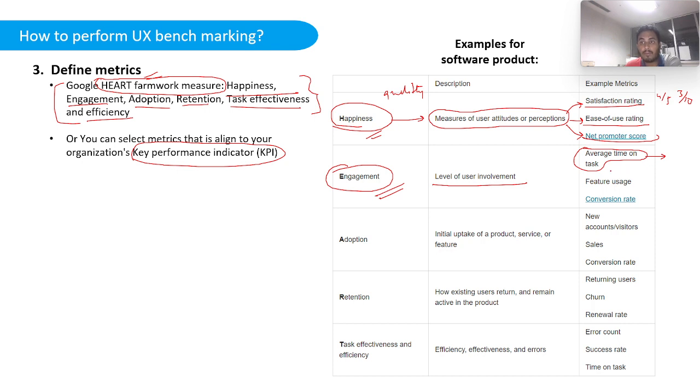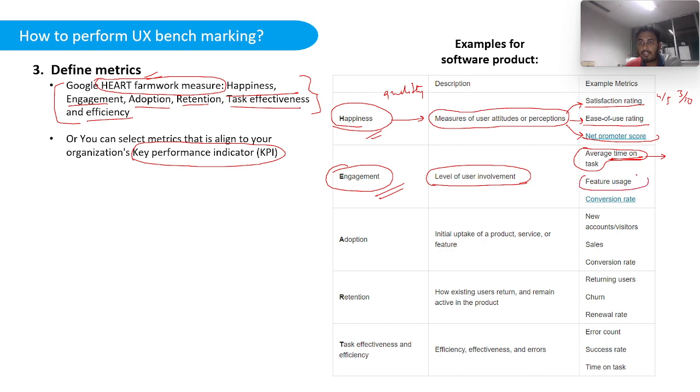For example, average time on task may be more because the user faces some issues, or maybe the user was doing something else while performing the task, so the average time increased. Somehow we are trying to collect information about how involved a user is with a particular interface, but we have no option but to collect information based on the time period for which the user is engaged with that interface.